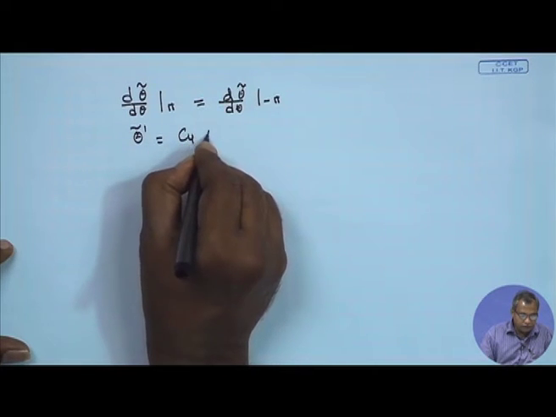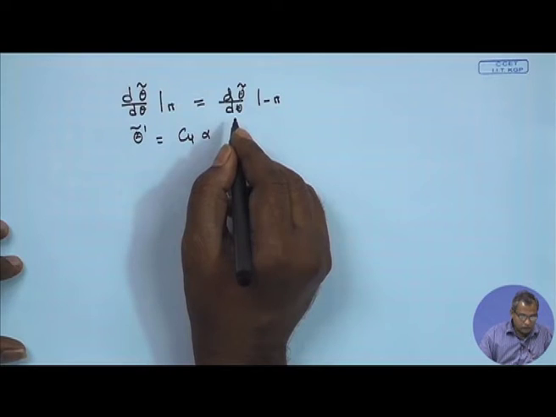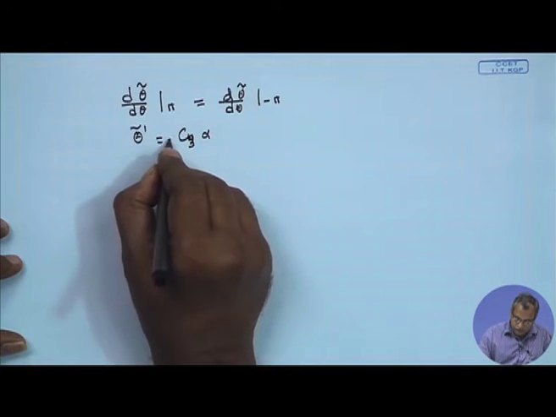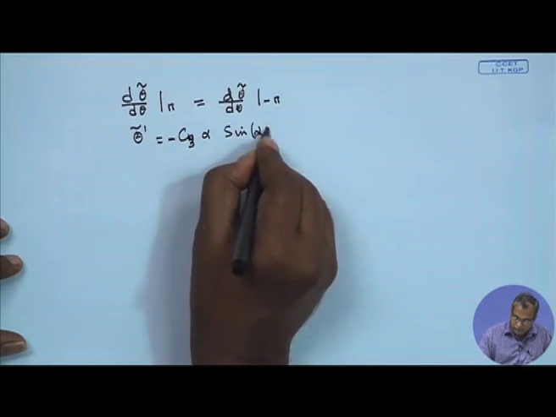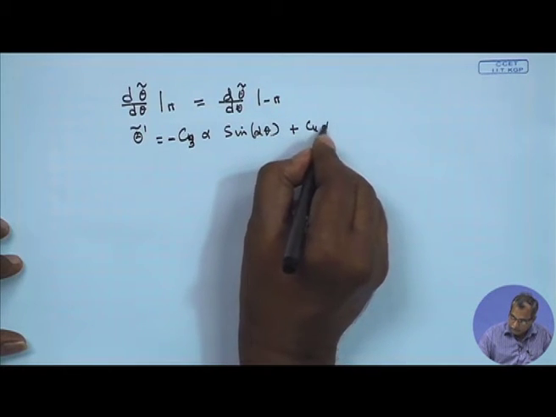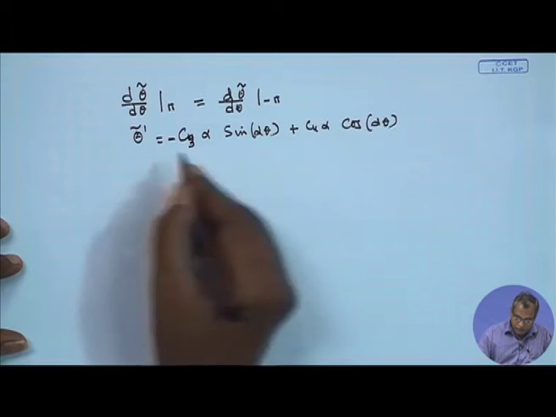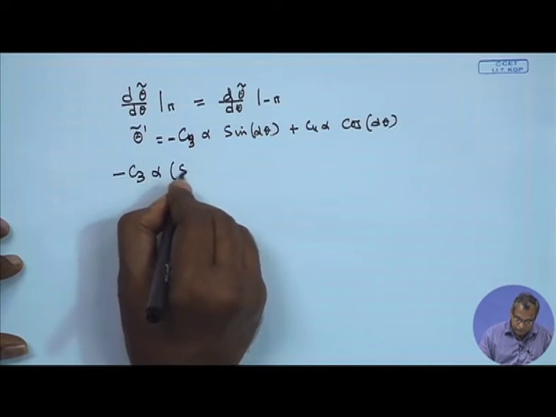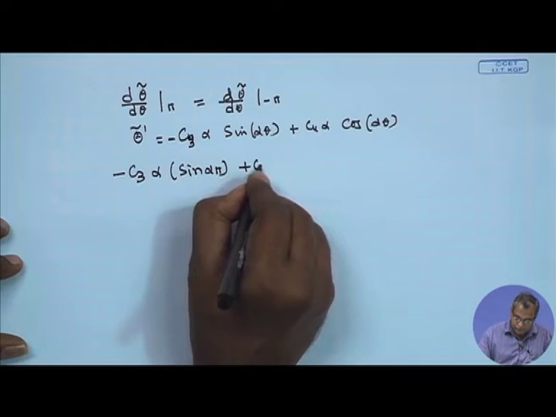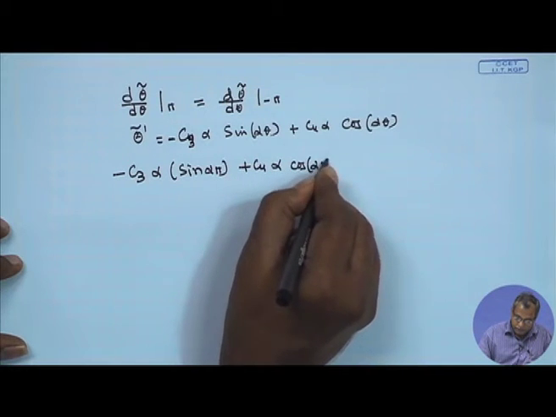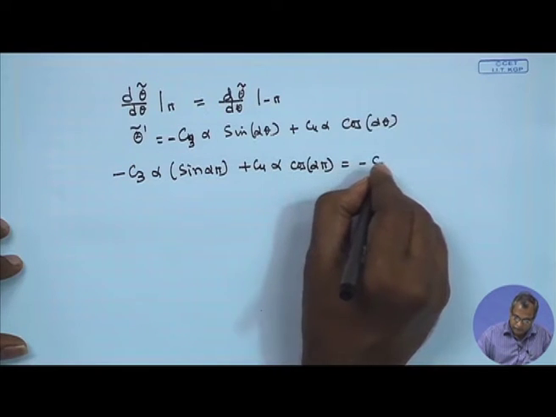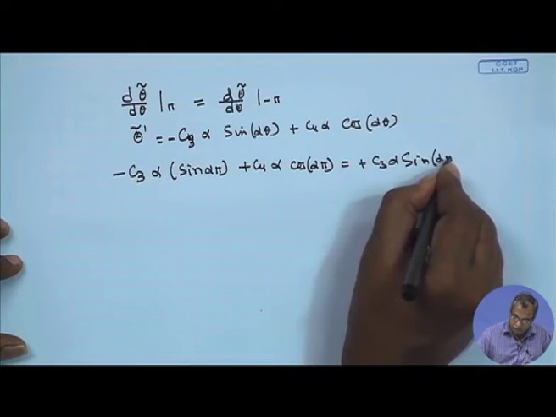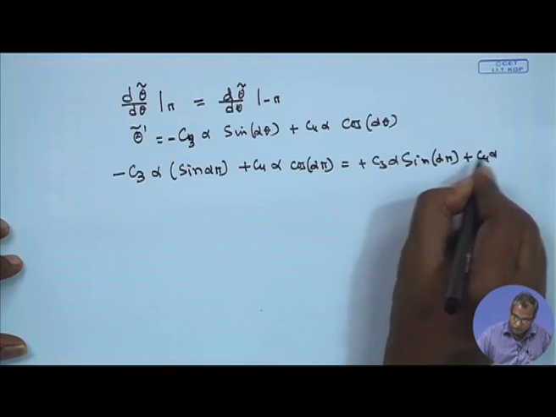Theta hat will be C3 alpha minus sin alpha theta plus C4 alpha cosine alpha theta, and this will be evaluated at pi and at minus pi. So at pi it is minus C3 alpha sin alpha pi plus C4 alpha cosine alpha pi, and at minus pi it is minus C3 alpha, minus minus plus, sin alpha pi plus C4 alpha, cosine of minus being cosine alpha pi.